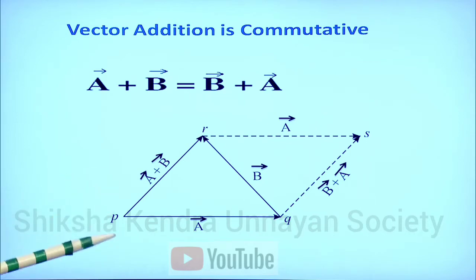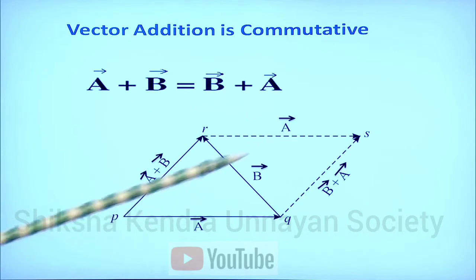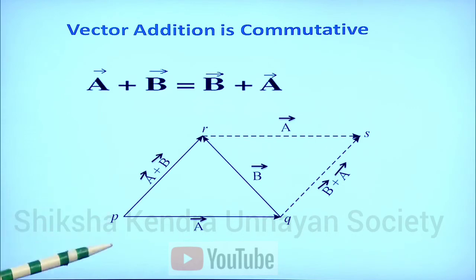So, the third side, that is QS, taken in opposite order, represents B plus A. So, now A plus B and B plus A, that is PR and QS, are same in length, same in direction also. That means A plus B equal to B plus A.